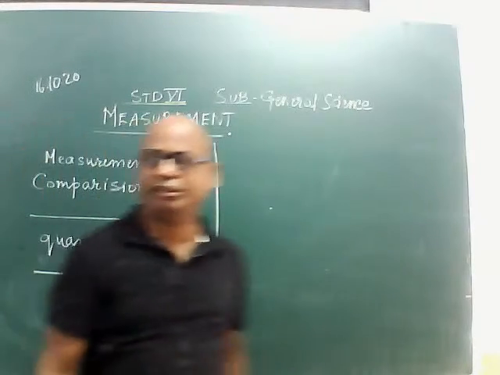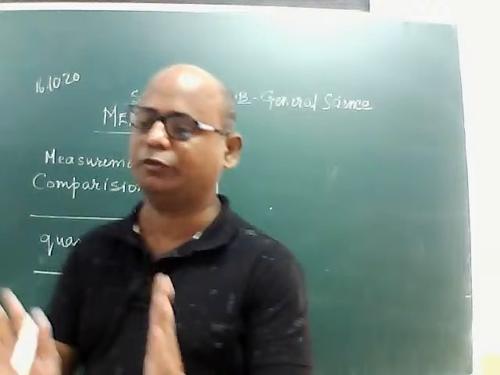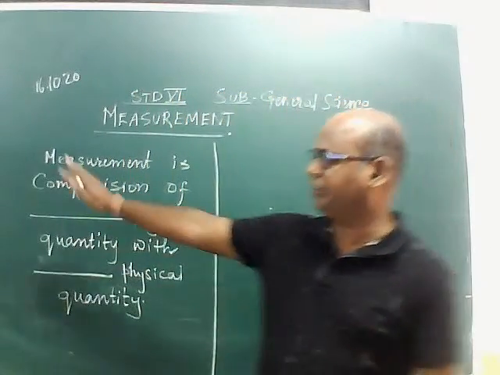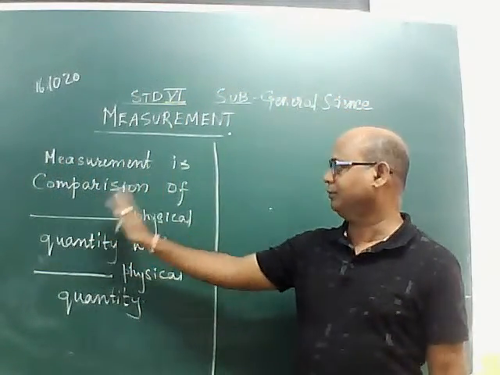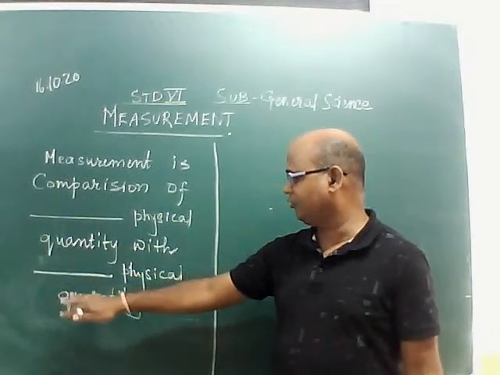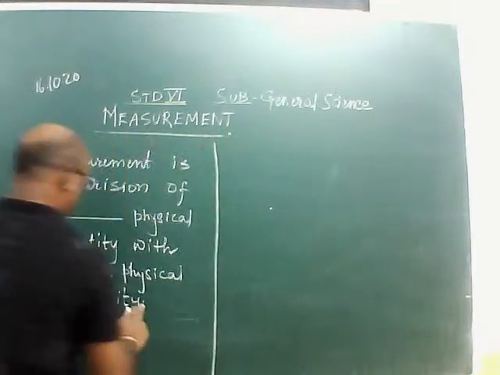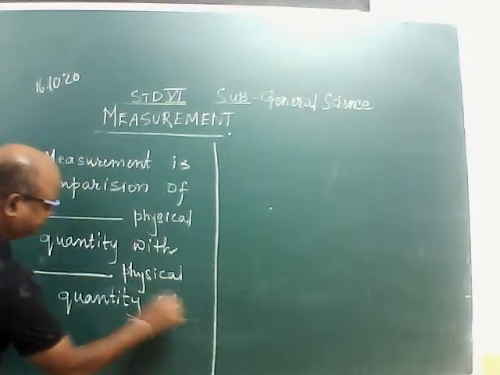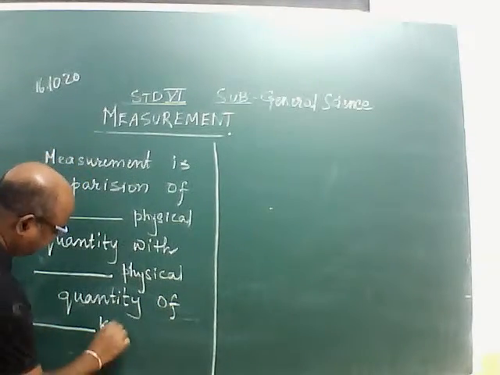This we already studied, so I expect the answer from you. Very simple question. Measurement is comparison of dash physical quantity with dash physical quantity of dash kind.